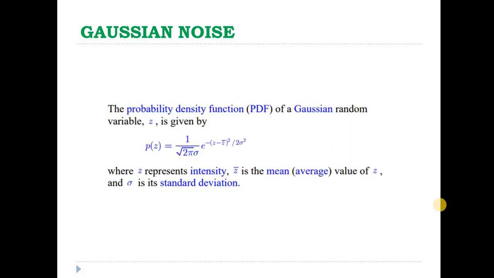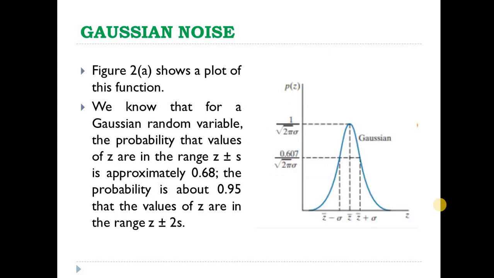Now the probability density function of this Gaussian distribution can be considered as equivalent to the Gaussian noise.